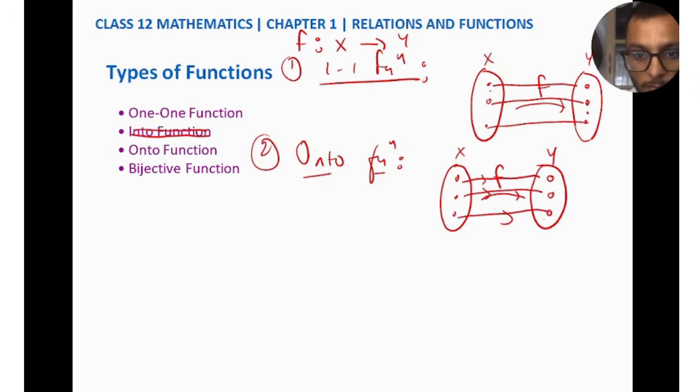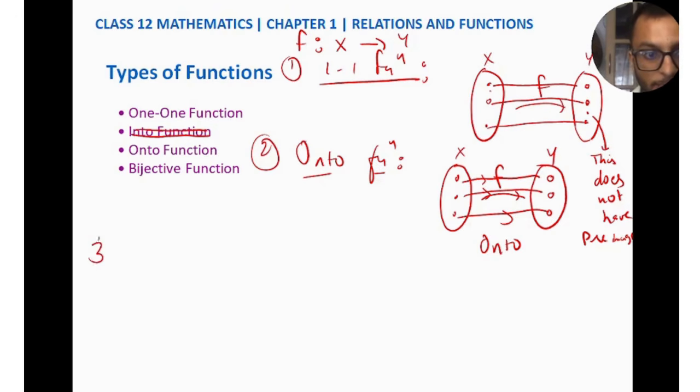So this is an example of an onto function because every element in y will have a pre-image. But if you look at this example, this is not onto because this does not have a pre-image. So that is not onto, but this is onto, right? So you got what is one-one, you got what is onto.